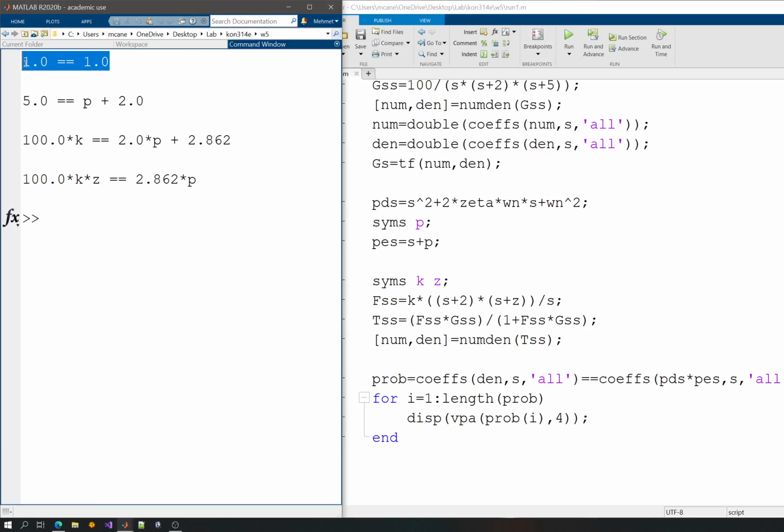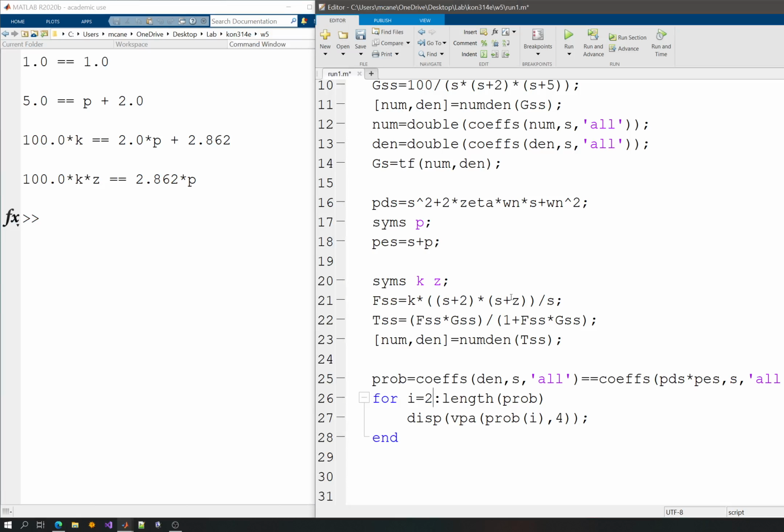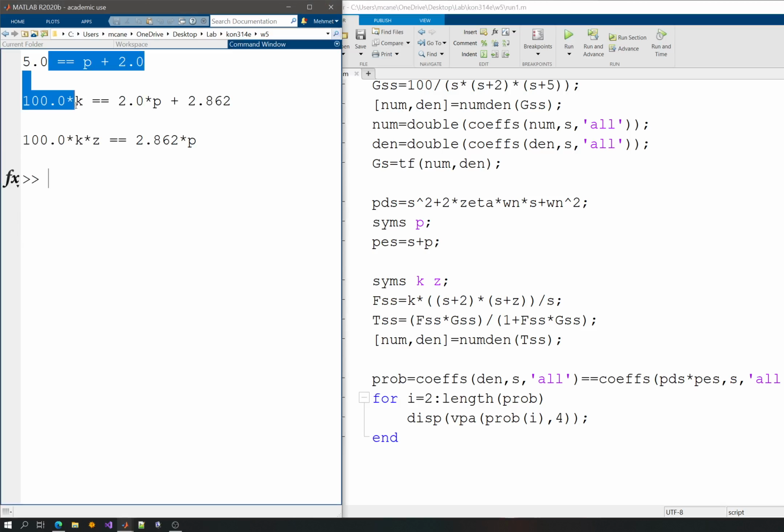Now, since this first term is not that much needed, you might go ahead and start with 2, so you can see that I have 3 equations and some amount of unknowns.